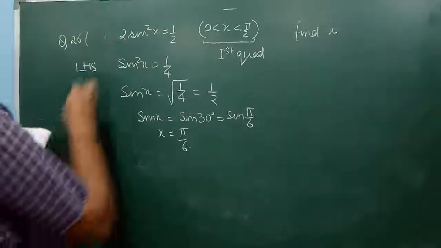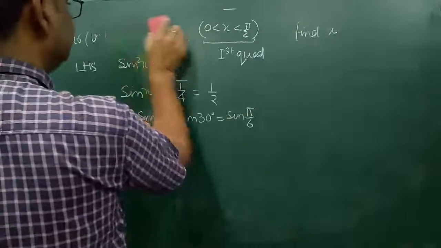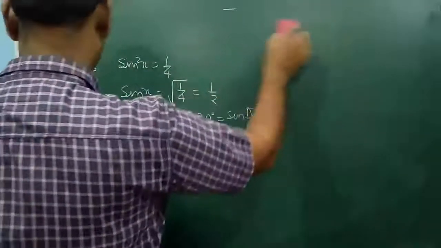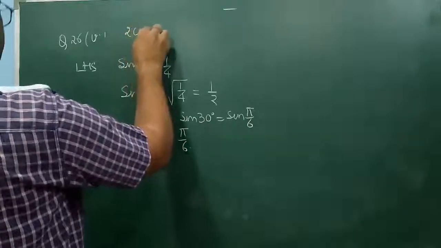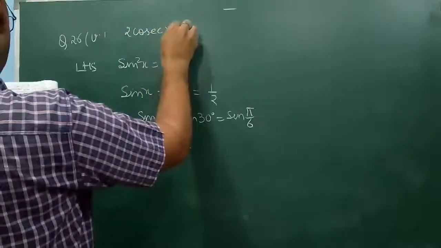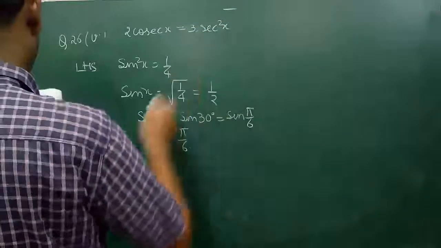Now see the fifth part. 2 cosec x is equal to 3 sec square x.